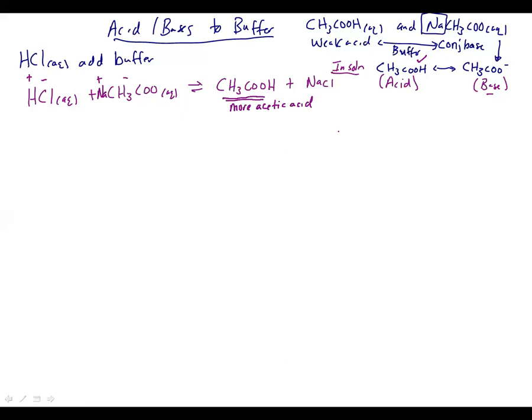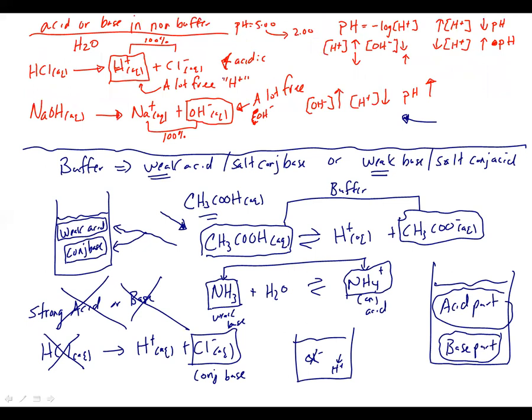We also are left with sodium chloride. And from our talk about salts, we should know that this is a neutral salt, which means it also is not going to have any effect on the pH. But more importantly, what we do not see on the right-hand side in this equation, that we did see in the last one where we added HCl to water, is the free H plus.